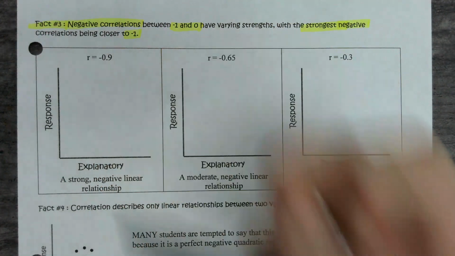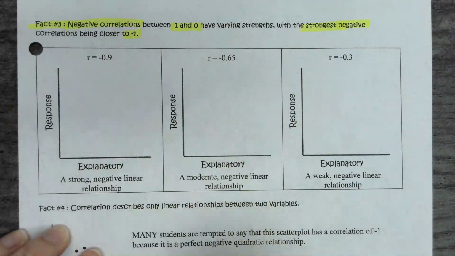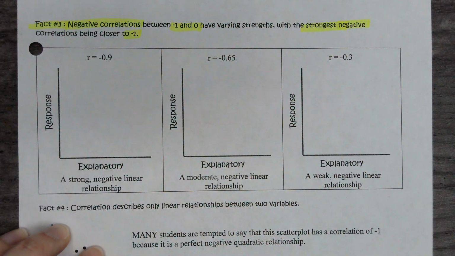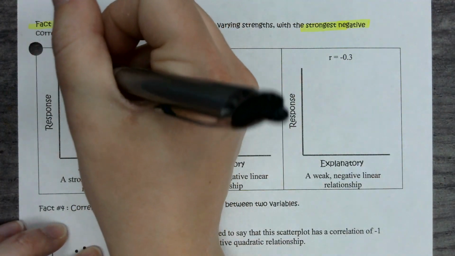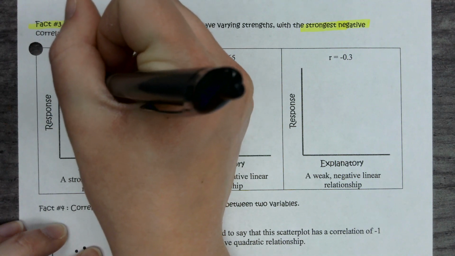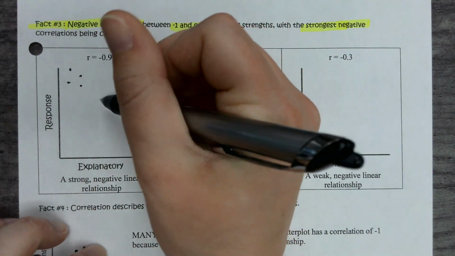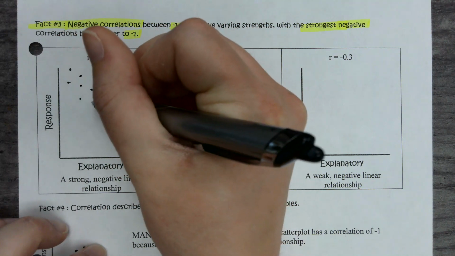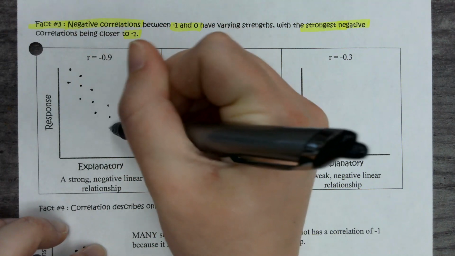So here, we're going to have our points really close together. So just like we had with the 0.9, reverse that, we have a negative 0.9, so it gives me a negative linear relationship. And we're going to take a look at possibly having some points that are really, really close together. So we have something here, and we're just going to be decreasing with some points that are really, really close together.